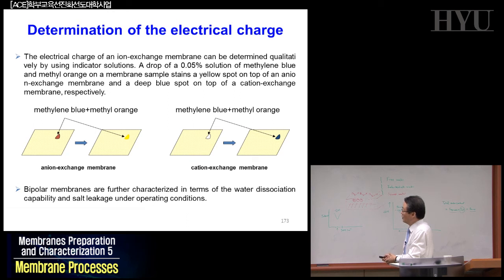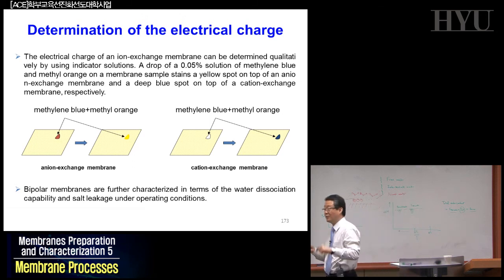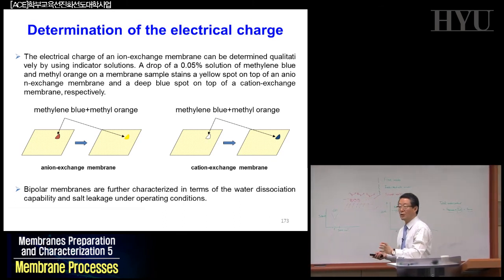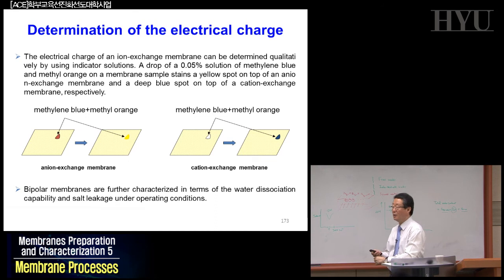Color changes as well in the cation exchange membrane containing the sulfonic acid group by using methylene blue and methyl orange, the color changes from yellow to blue in this case. So this is a very simple way of just detecting whether you have the charges or not, but you do not know the density of the charges.